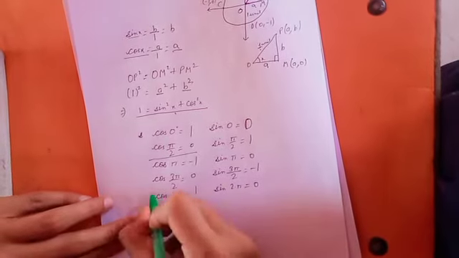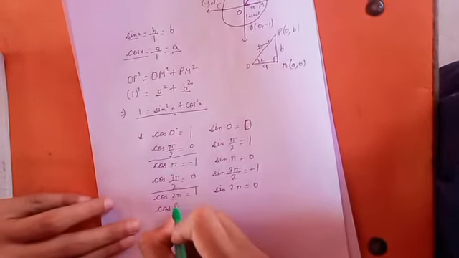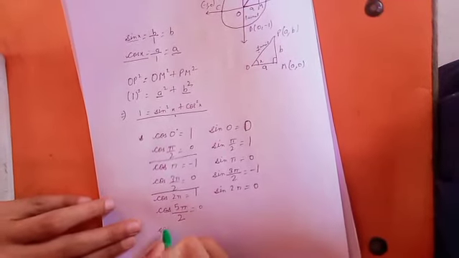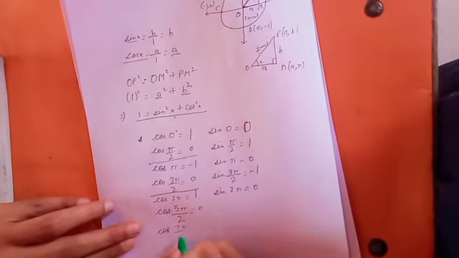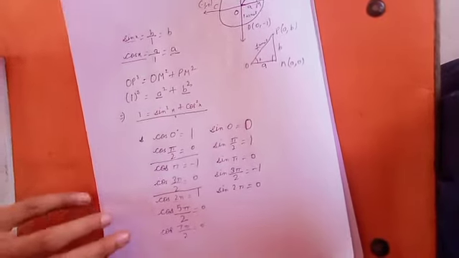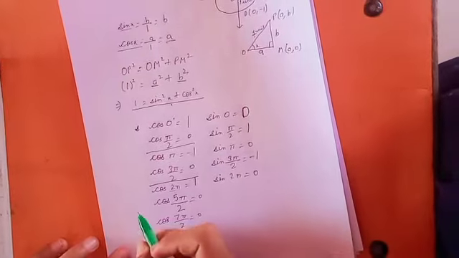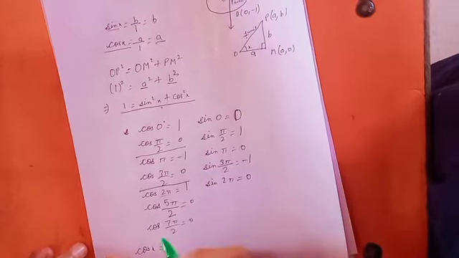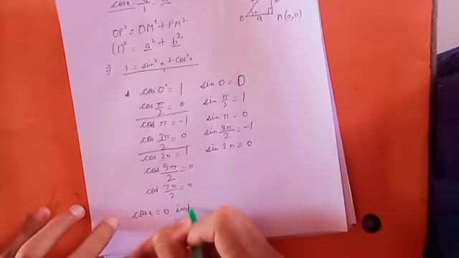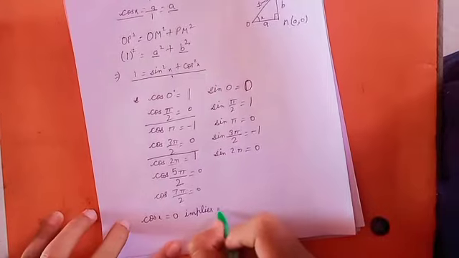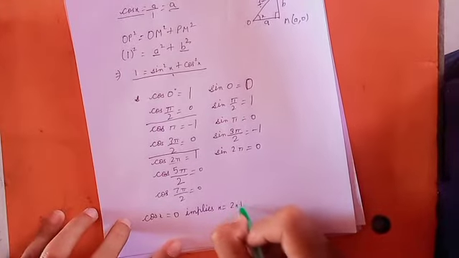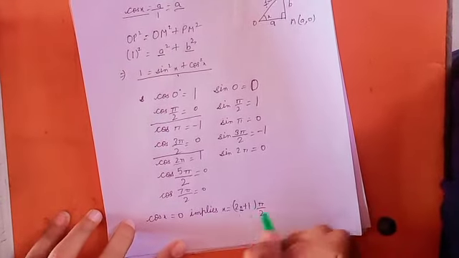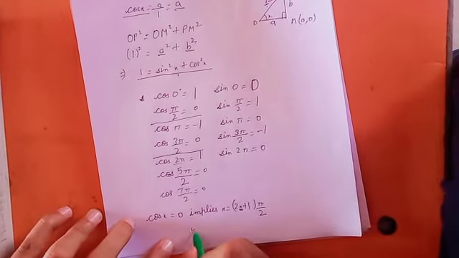Now you see, if we increase these angles, say cos, you look here, cos is 0 at pi by 2, 3 pi by 2, and at 5 pi by 2 it will again be 0. Again at 7 pi by 2, it again will be 0. So what I can say is cos x is equal to 0 implies x is equal to (2n+1) pi by 2, where n is any integer.